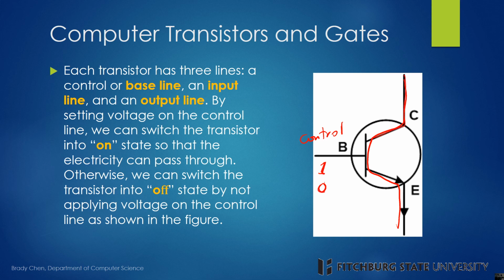If it's 0, it is disconnected. This is just a logical diagram. It's not like a light switch that you manually switch on and off; it's controlled by the electricity, controlled by the voltage.